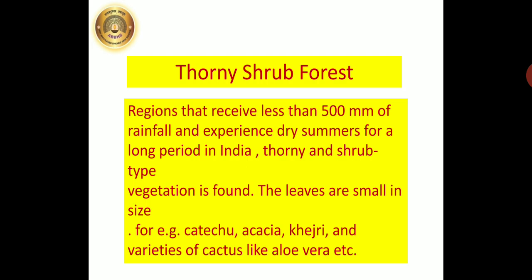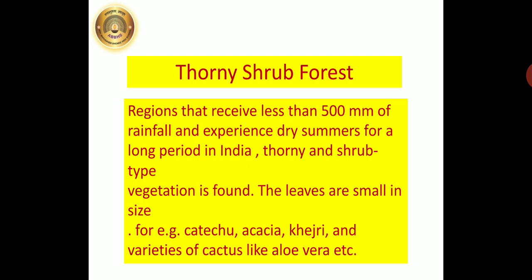As we go towards the low rainfall regions, a thorny shrub forest is found. Regions that receive less than 500 millimeters of rainfall and experience dry summers for a long period, thorny and shrub type of vegetation is found.